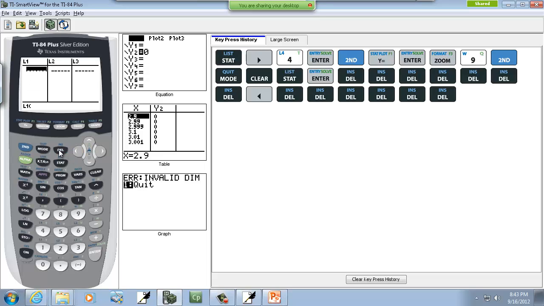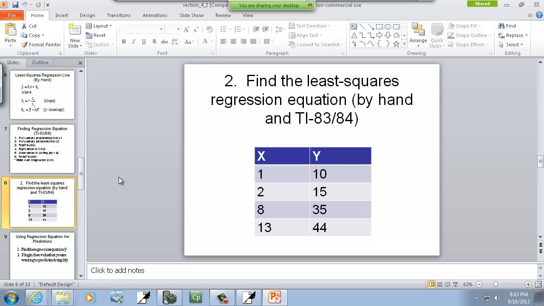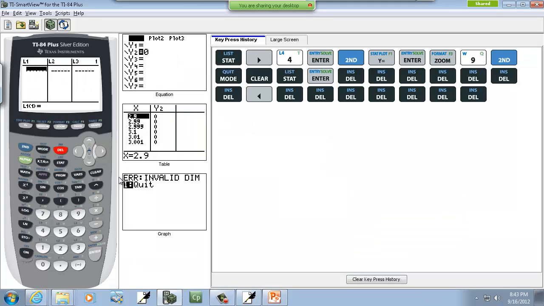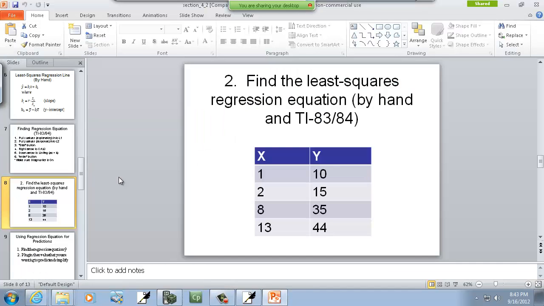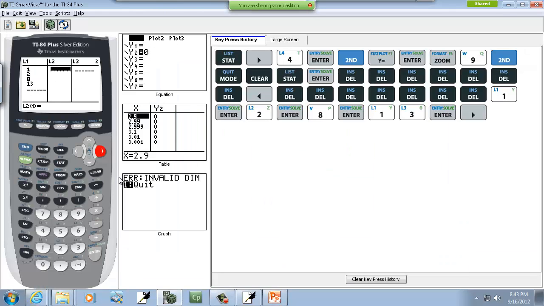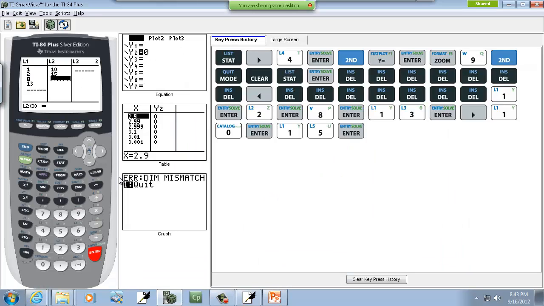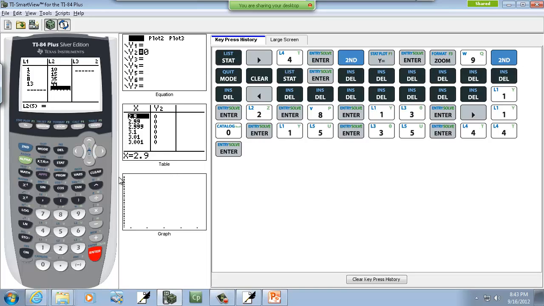Same thing here. And in our L1 we have 1, 2, so 1 enter, 2 enter, 8 enter, 13 enter. I'll right arrow over here, I'll put 10 enter, 15 enter, 35 enter, and 44 enter. And always you want to exit out after you get done inputting numbers.